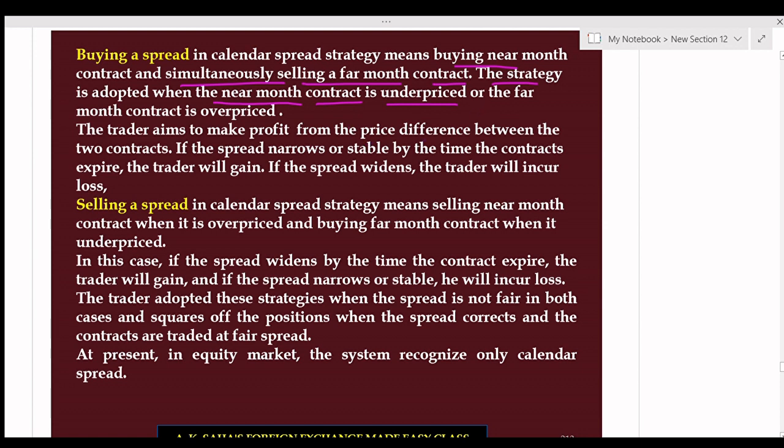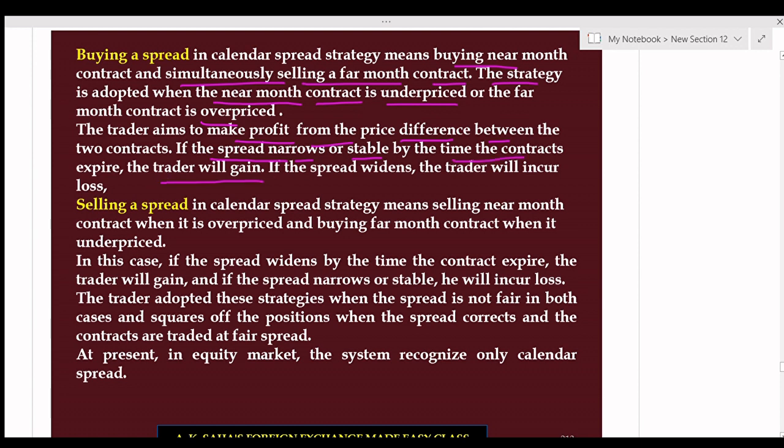Or the far contract price is overpriced, so it is anticipated that the market will move down, and in the selling leg the trader will gain. The trader aims to make profit from the price difference between the two contracts. If the spread narrows or is stable by the time the contracts expire, the trader will gain.